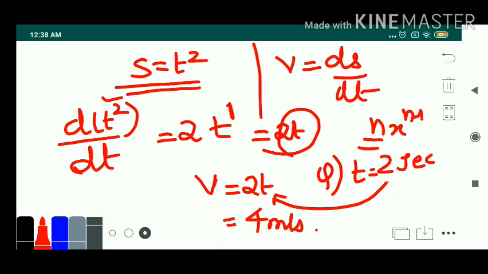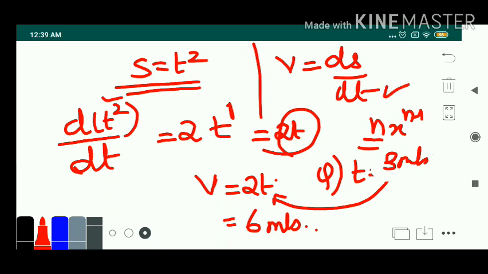If the time is changed to 3 seconds, again you just replace it, and it will be 6 meter per second. Just the values have changed. So initially you find that the velocity is varying. I hope you understood that instantaneous velocity can be calculated by this simpler method. So which is easier, finding tan theta by the graphical method or this one? This one.